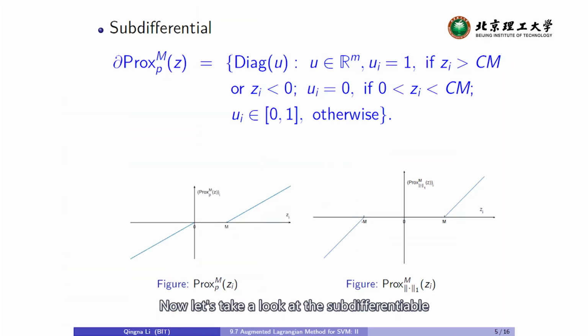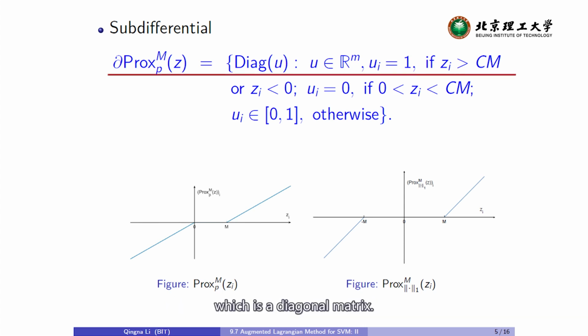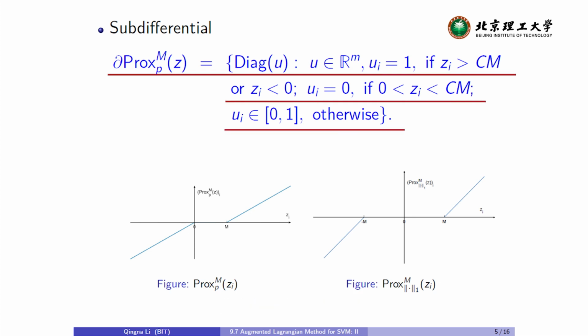Now, let's take a look at the subdifferential of this proximal mapping. This is in preparation to derive the generalized Jacobian, okay? The subdifferential of this proximal term is actually a diagonal matrix, okay? The diagonal elements mu are the generalized gradient of the max function.